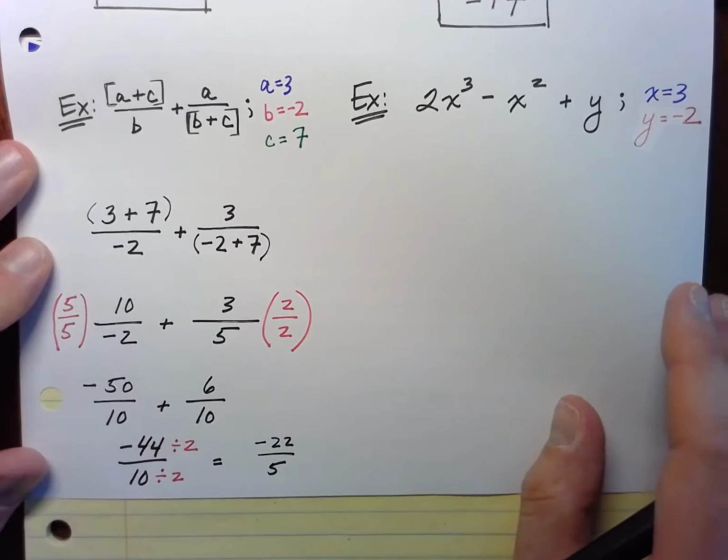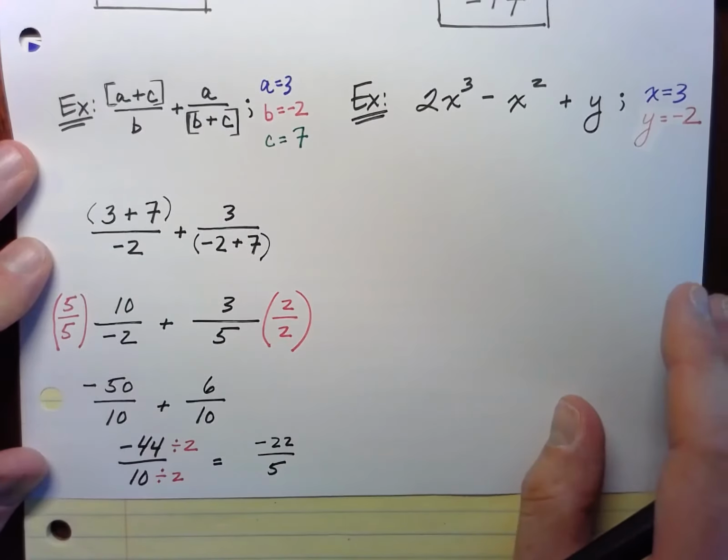So this is saying 2 times x cubed minus x squared plus y is just going to be minus 2, because if I'm adding a negative 2, that's the same as subtracting 2.